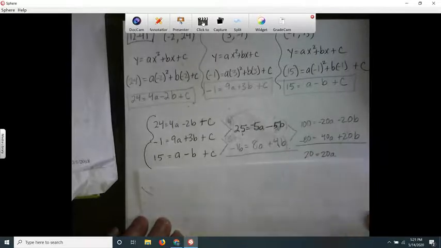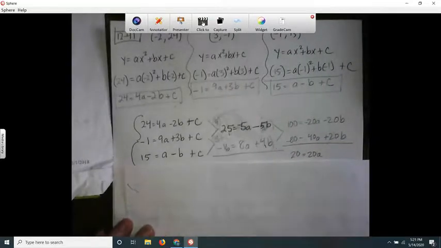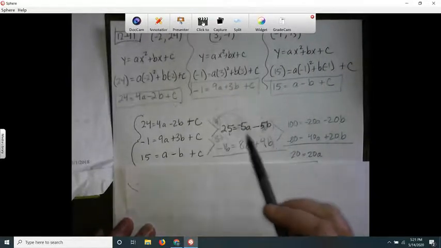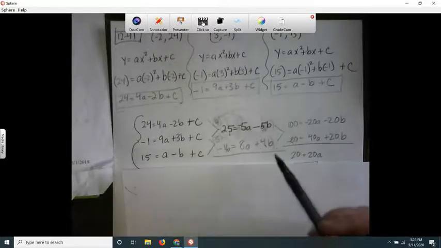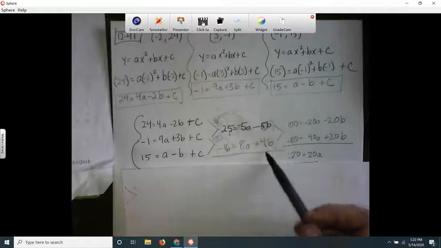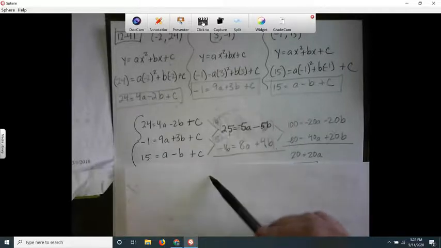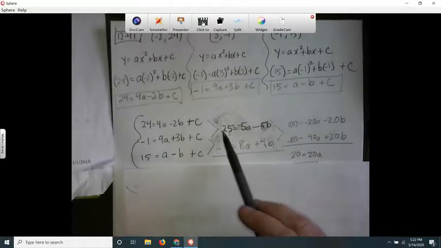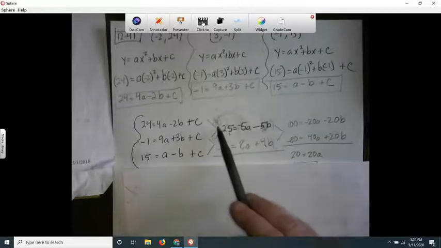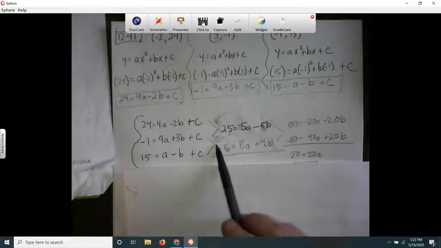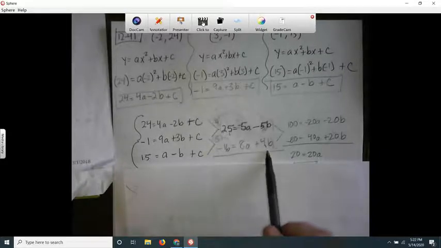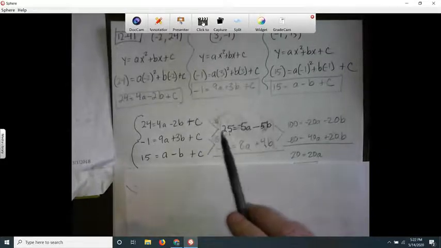I'm going to do the same thing, but this one's not so easy. I could subtract one from the other, but I wouldn't eliminate anything. So first I'm going to multiply the top equation all through by 4, and the bottom equation by 5. Why? Because that'll eliminate my b's.